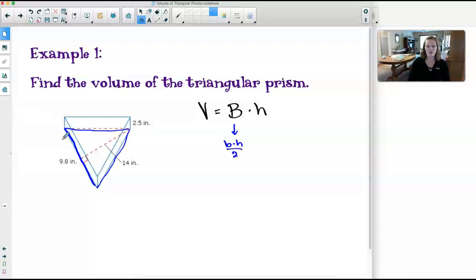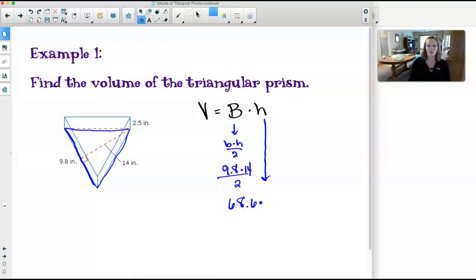The base of the triangle is 9.8. The height of the triangle is 14, and then divide by 2. So 9.8 times 14 divided by 2 is 68.6. And then we need the height of the prism.